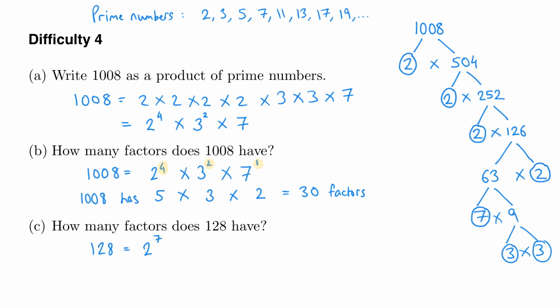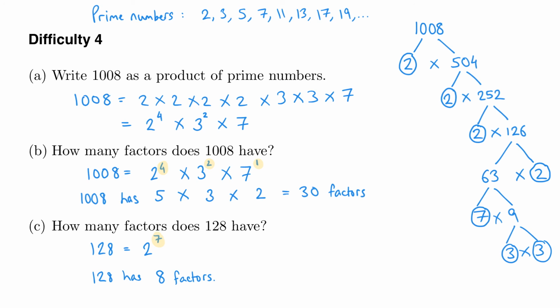To find how many factors 128 has, therefore, we need to look at the indices. In this case, I've only got a 7. Then what I need to do is add 1 to that number. 7 plus 1 is 8. And that's it. 128 has 8 factors.